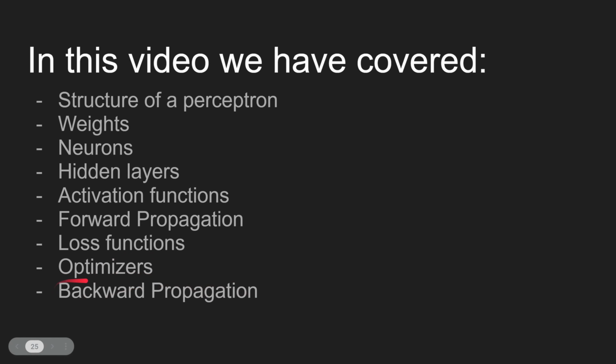Update our weights so that our model yields a better output next time. And for activation function, the most common one you'll see is probably the ReLU activation function, which means rectified linear unit. And I'll definitely make a video on that because ReLU is pretty important for deep learning. All right. So yeah, that's everything.